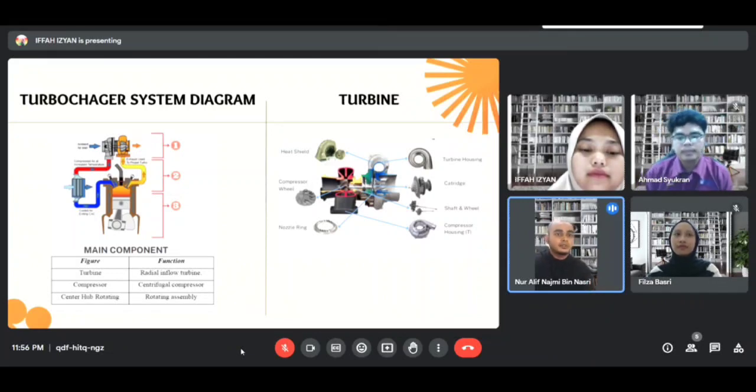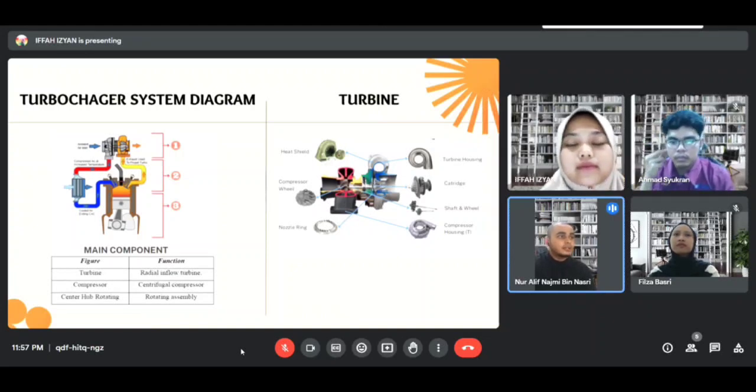Before we go deeper, I would like to tell you about the turbocharger system diagram.